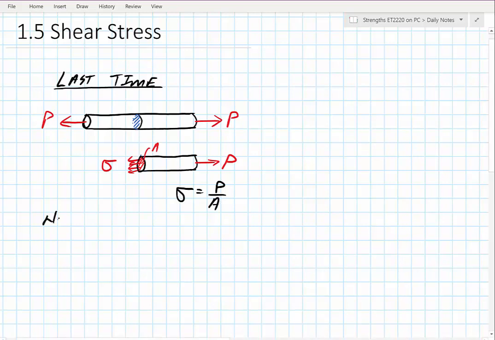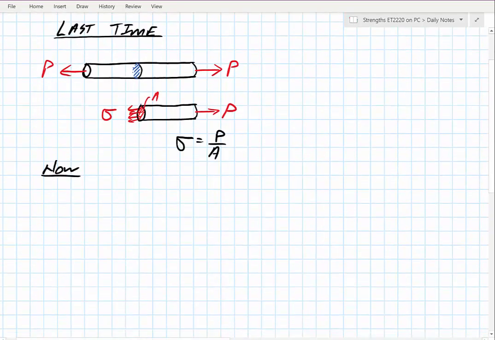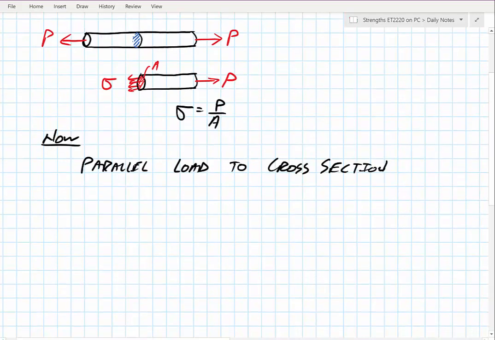Now what we're going to talk about is if we take the load and instead of having it perpendicular to the cross section, we're going to have it parallel to the cross section. So I'm going to draw the exact same cylinder I just drew a second ago.